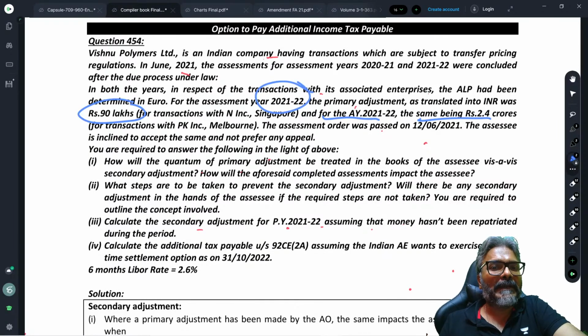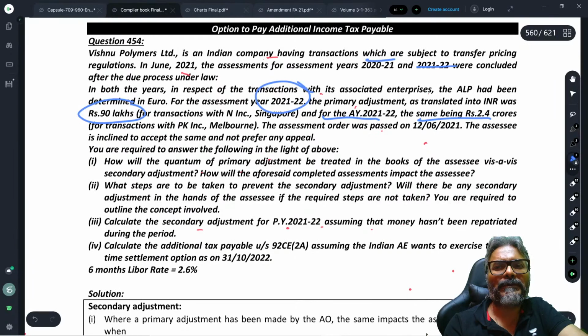So students, with that particular point, tell me one thing, for assessment year 21-22. You can just change from this particular part.